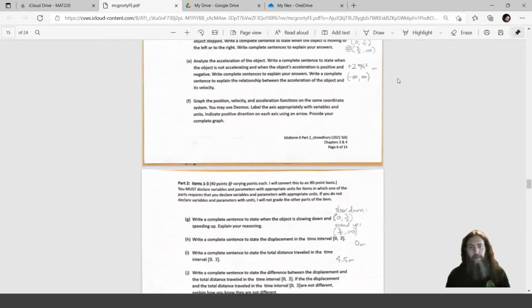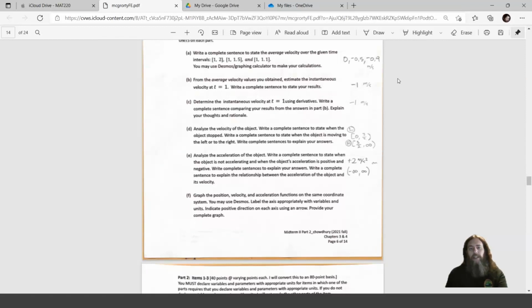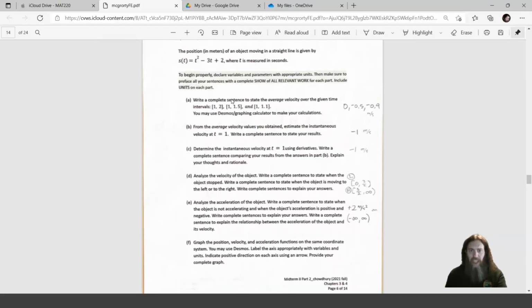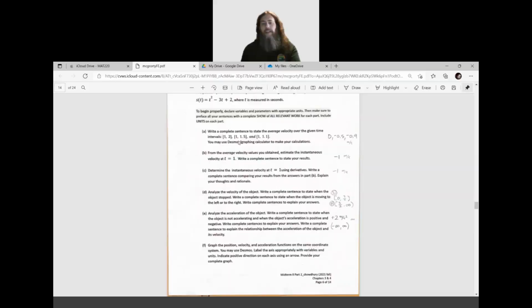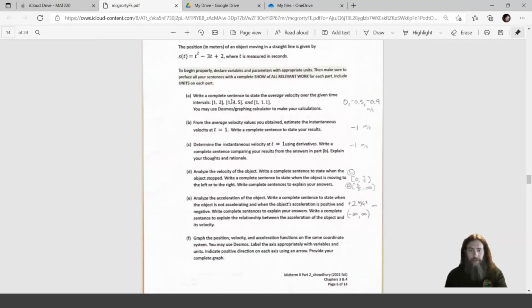So for E, we're analyzing the acceleration of the object. We had found the velocity function by taking this derivative when we were asked to do so in C. So we take that velocity derivative, and we take another derivative of that to find our acceleration function.